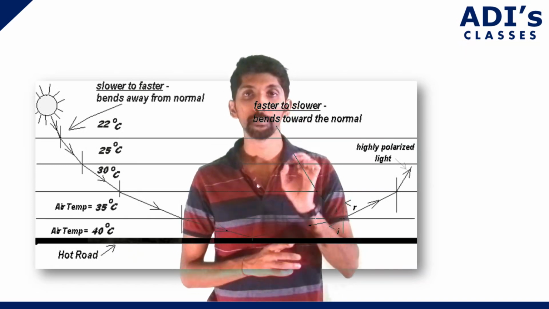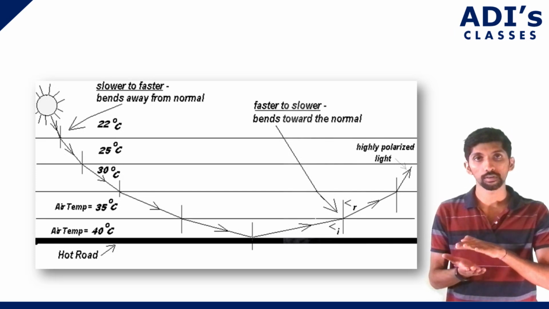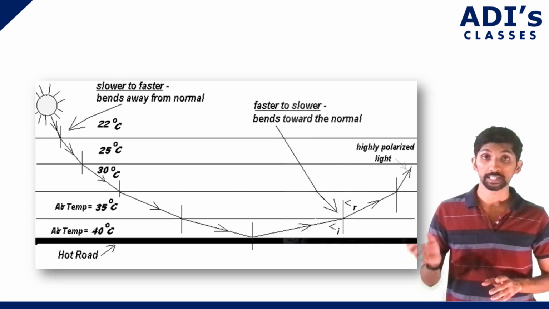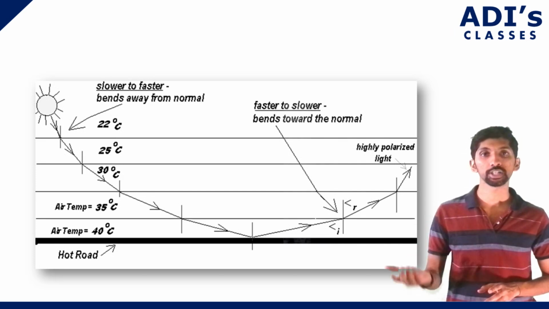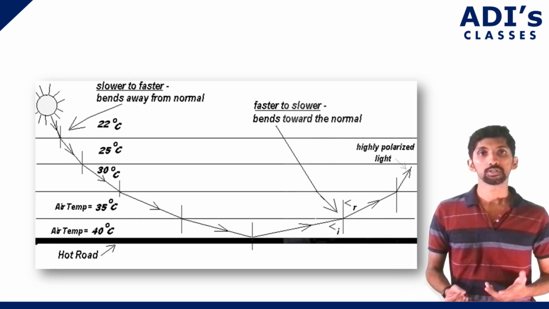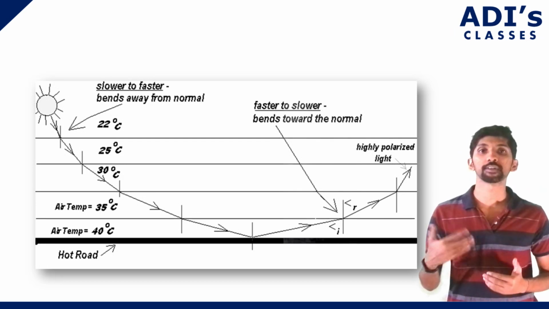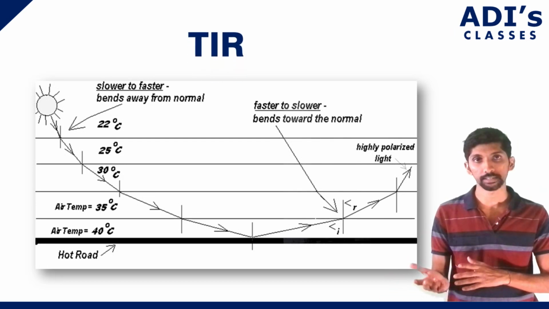Because of very high temperature, the ground will be very, very hot. So the density of air will keep on changing. As the temperature changes, the density will also change. So each and every layer of air will have a different refractive index because of the density.